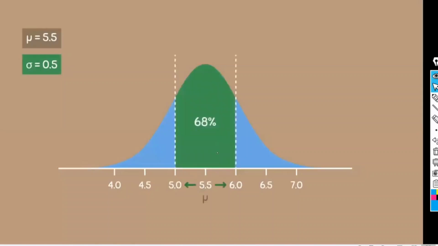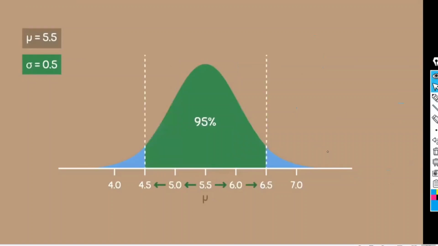So in this university, 68% of the students lie between 5 and 6. Since they are forming the normal distribution, it is applicable only for normal distribution. It is not applicable for other types of distribution, for example, right skew or left skew distribution. Only for normally distributed data, plus or minus 1 Sigma covers 68% of the data.